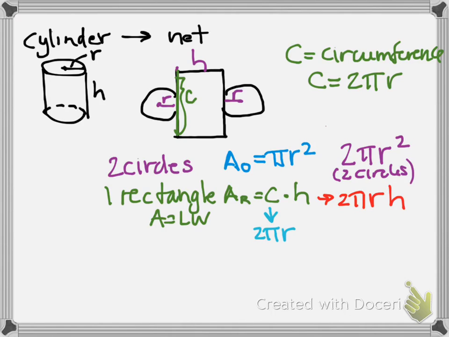So basically, the formula for the surface area of a cylinder is the sum of those two together.